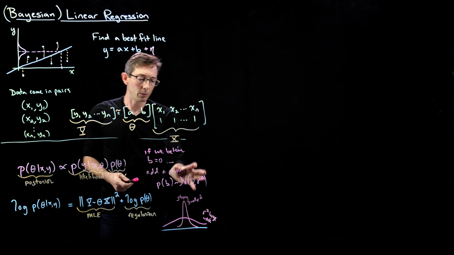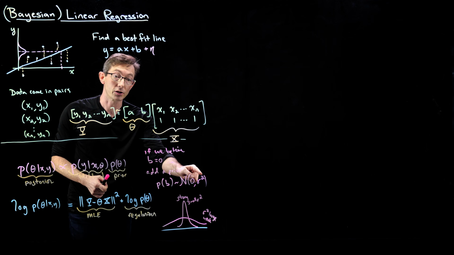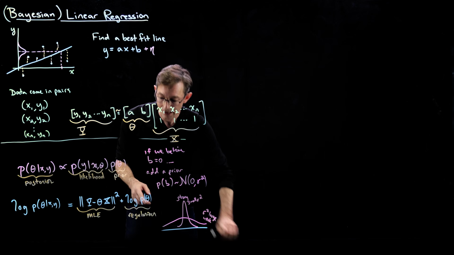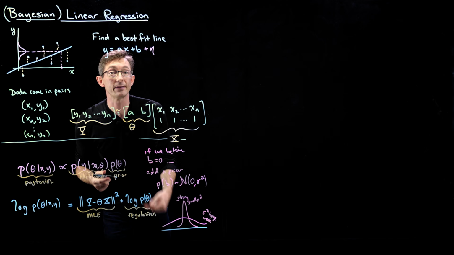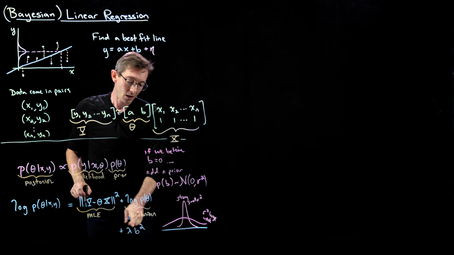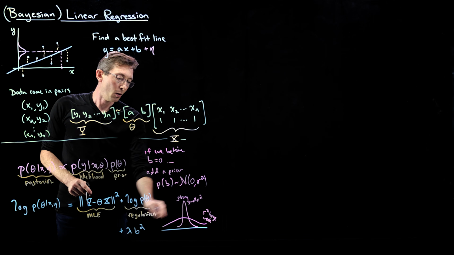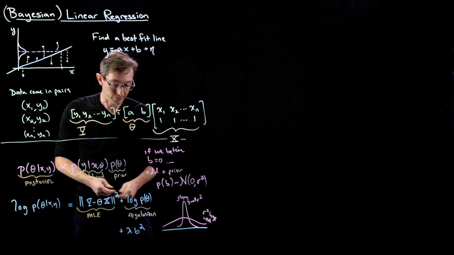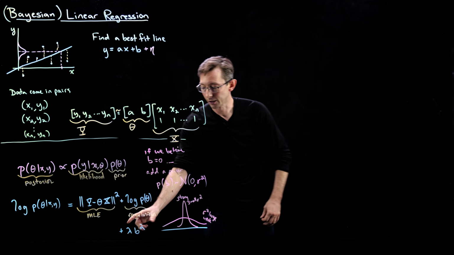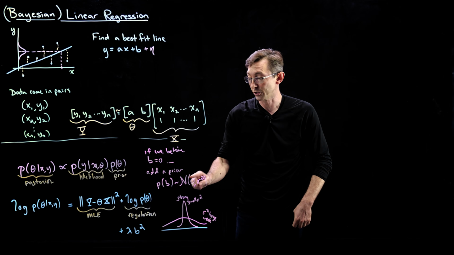And you'll remember that when we showed that if this parameter is normally distributed with some variance, that actually turned into a very specific regularization. It was plus lambda b squared, where lambda is essentially 1 over this variance. So this is a regularizer that comes from assuming that this is a zero-centered, normally distributed random variable.